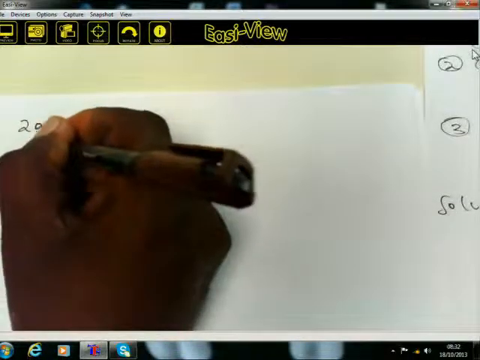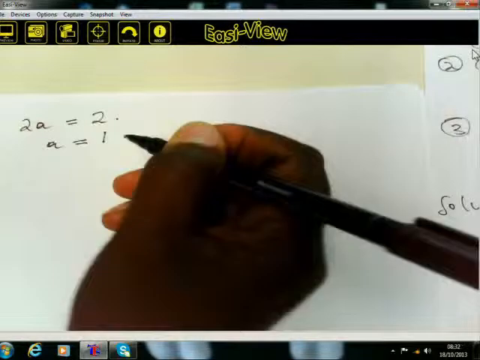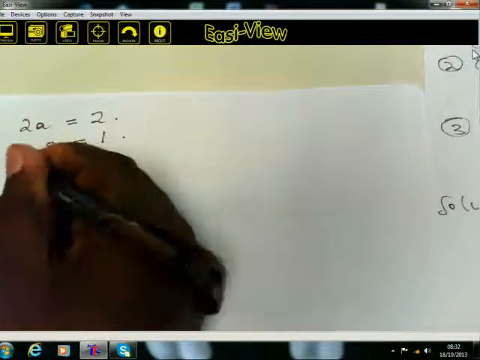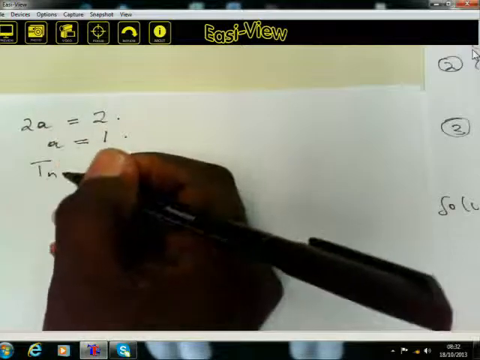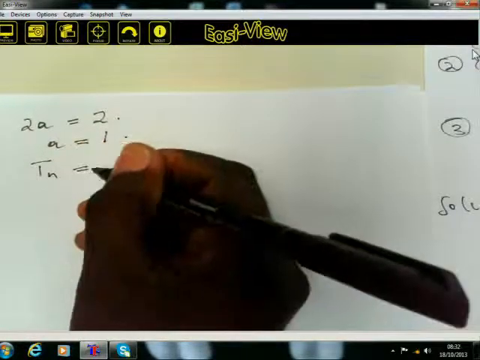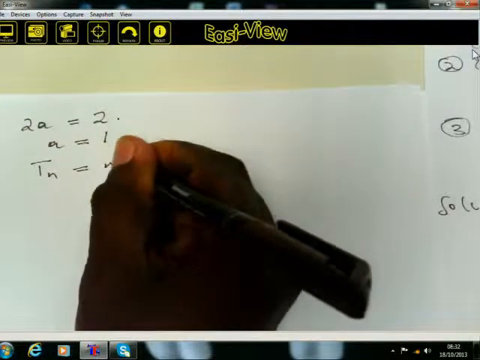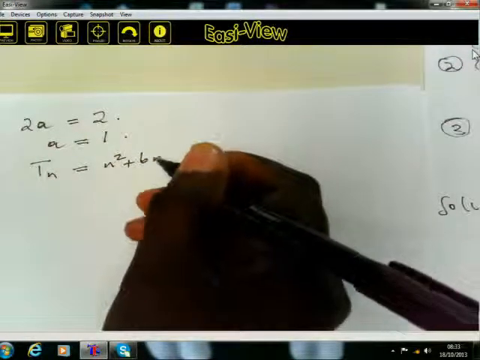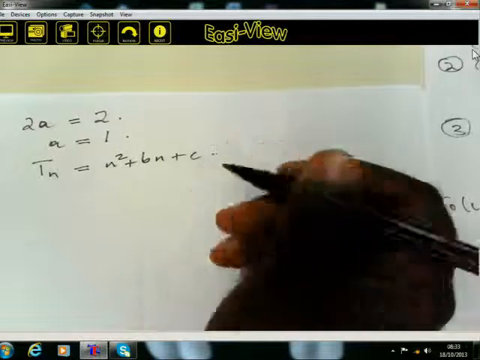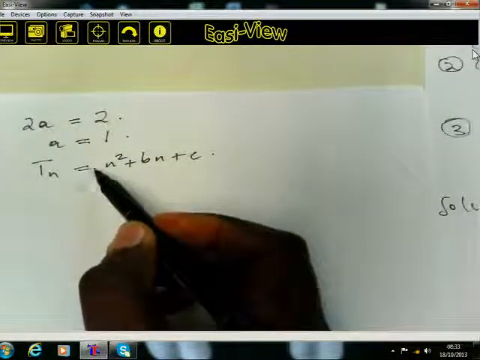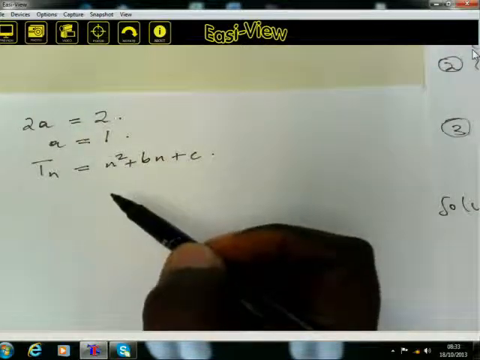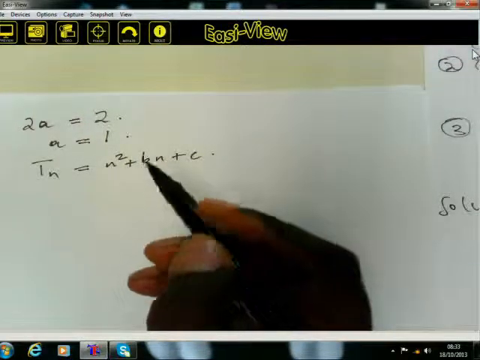Now, A is going to be equal to 1. And then, the general term is going to be equal to n squared plus bn plus c. Why? Because the value of A is 1. We have calculated it. Now, 8.